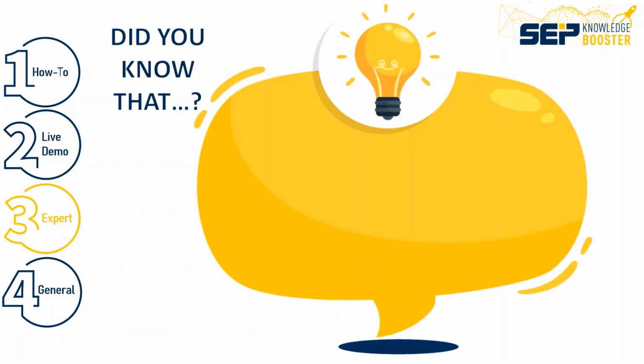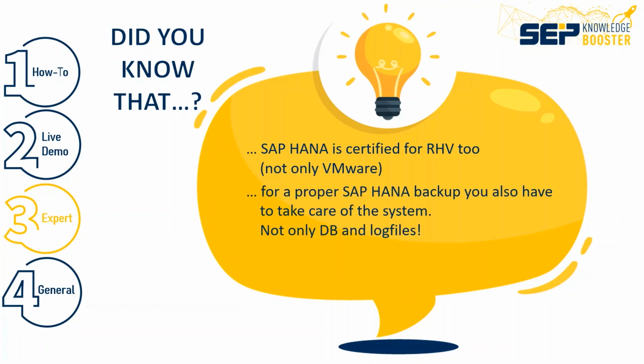So let's talk a little bit about expert things, so special information which might be useful for you. Did you know that SAP HANA is also certified for RHV, not only for VMware as a hypervisor, and that it's not enough to talk about database and log file backup of your HANA system?